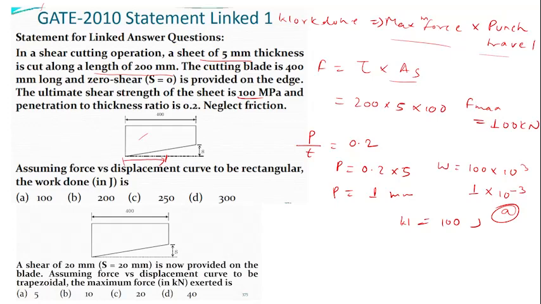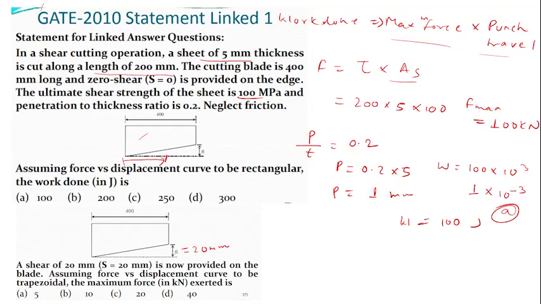In the second part, they have provided a shear of 20 mm on the blade, assuming the force versus displacement curve to be trapezoidal. Whenever they give you this shear, they will mention that your force versus displacement curve will be trapezoidal.